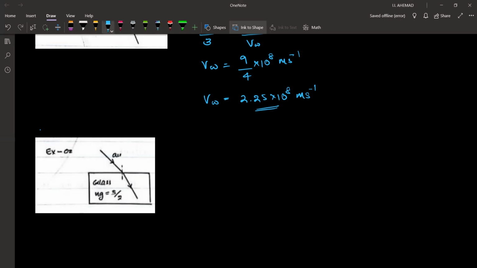Done. Did you get Vg is equal to 2 into 10 to the power 8? Here, the question is you have to find the velocity of light in glass.